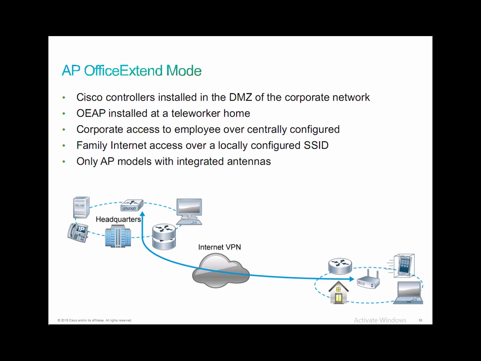There are 3 basic features that exist with OEAP. You've got your basic firewall features. That's going to allow you to do port and application protection and so on. Split tunneling capabilities, so that if you want to reach the internet directly, that doesn't have to go through the VPN over to the corporate network, and then all your VPN traffic would be routed over to the corporate network, and then quality of service for voice.